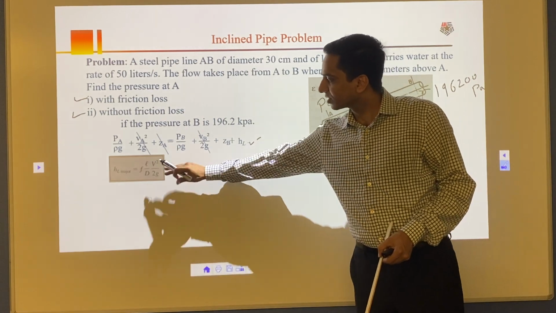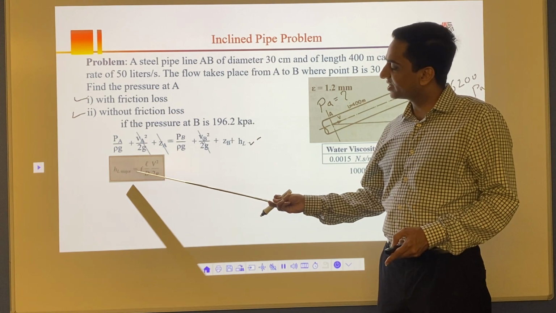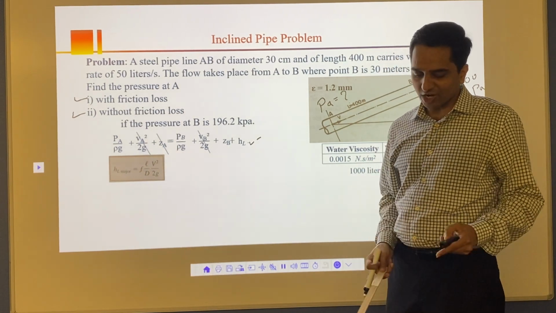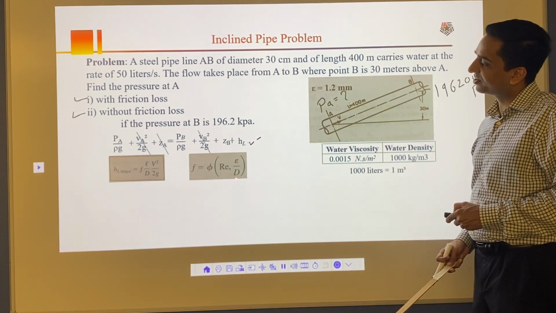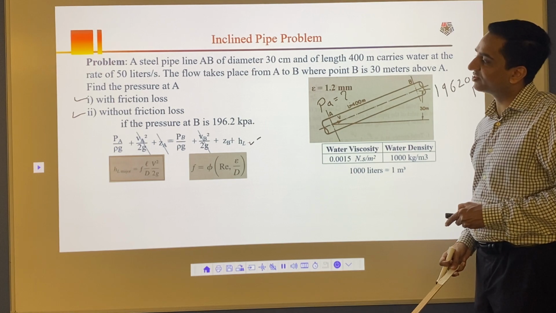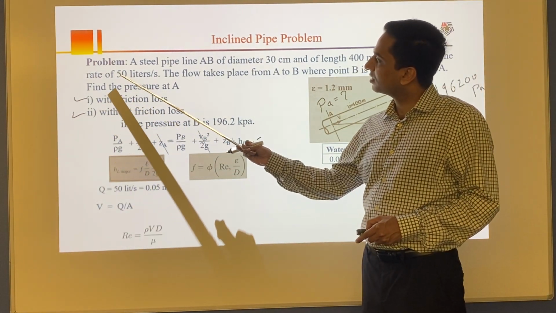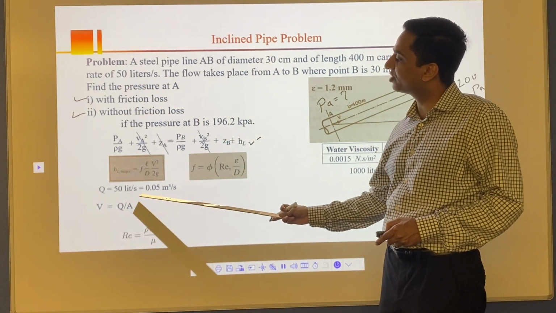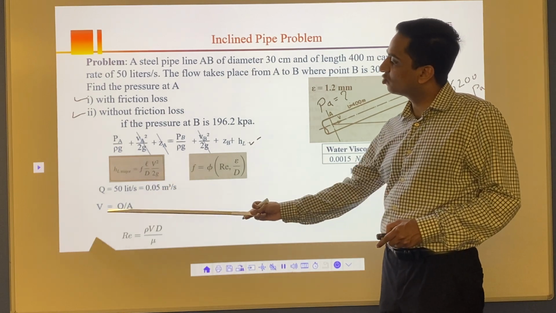First of all, we have to calculate HL. For that we need velocity and friction factor, of course. The friction factor depends on Reynolds number and epsilon by D, and for Reynolds number we also need velocity. To calculate velocity, we have a flow rate of 50 liters per second. 50 liters is nothing but 0.05 meter cube per second. We can convert that into velocity.